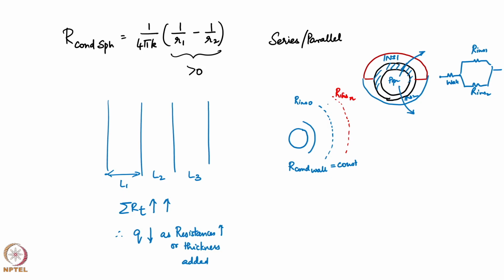Ideally, we would expect that because of this additional increase in thickness, my heat transfer should go down. So, this is T hot and this is my direction of Q. Ideally, we would expect that, but what is happening? I have R conduction here and R convection which is there. Conduction is due to wall plus insulation.